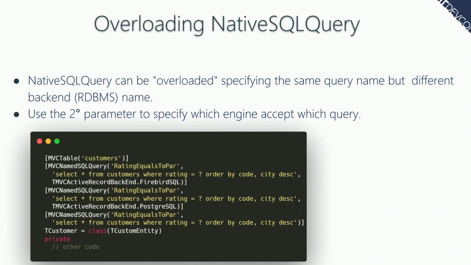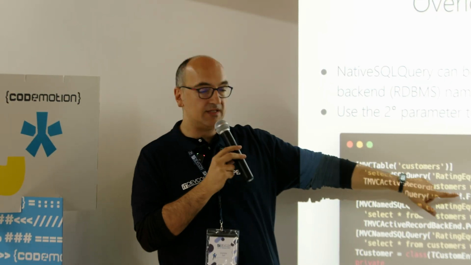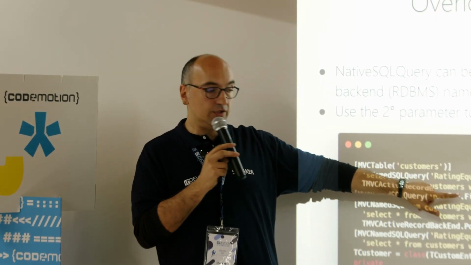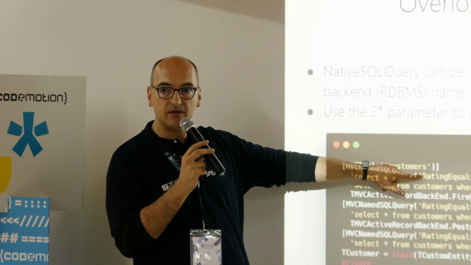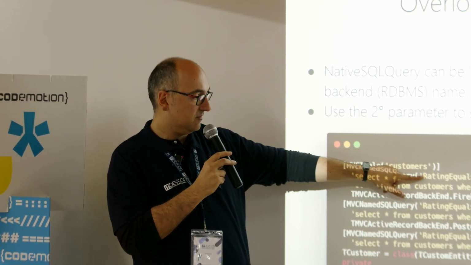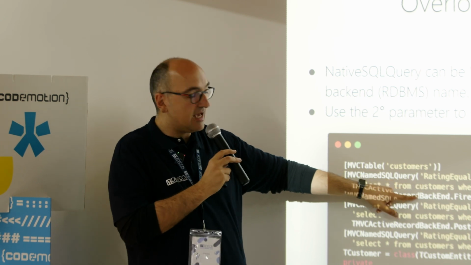You can overload the named SQL query. You can put as another parameter the name of the engine which should use this SQL. So same name, very probably different text, and different database.